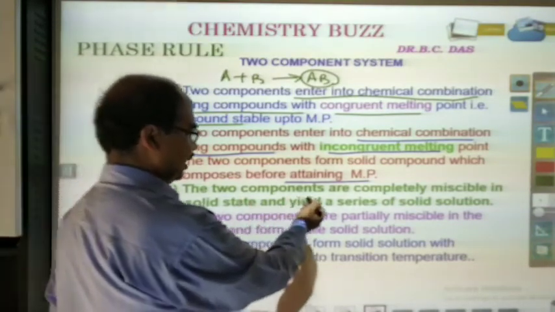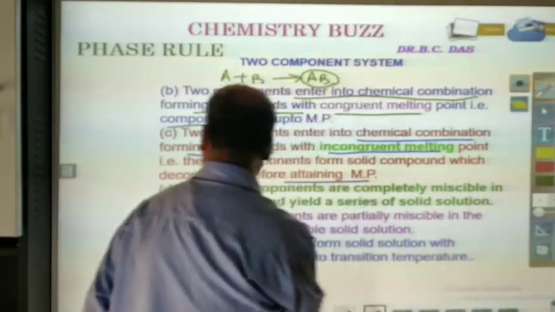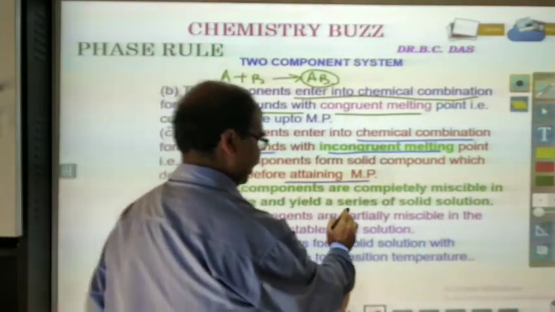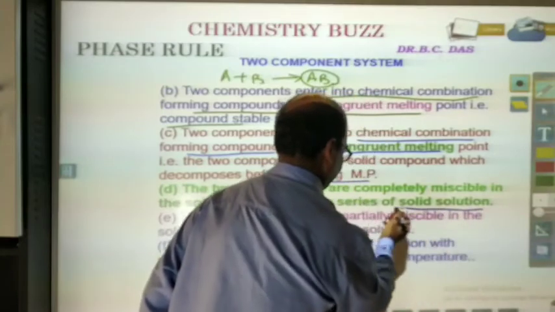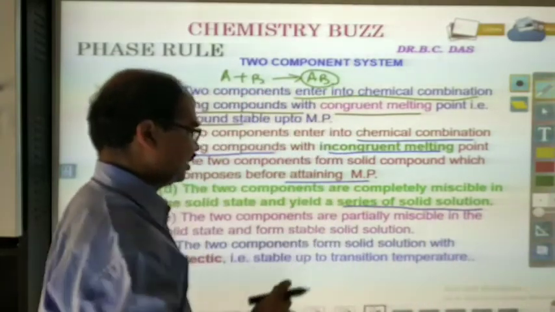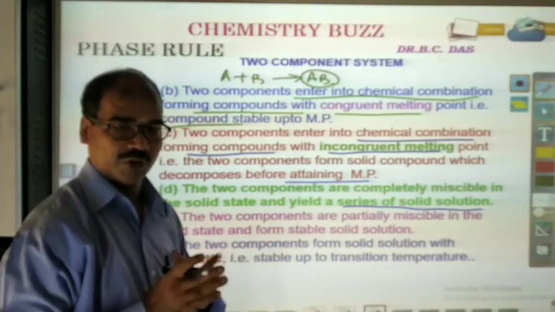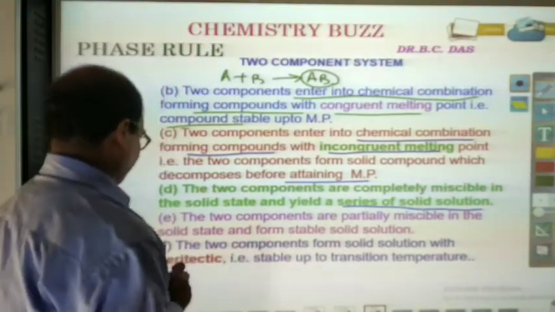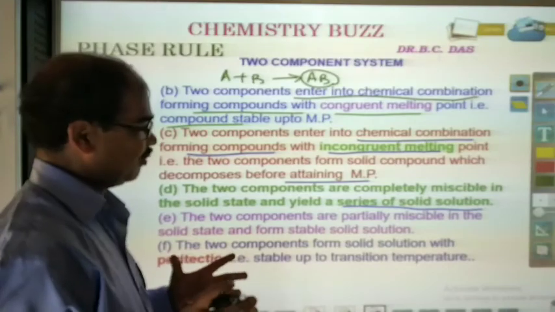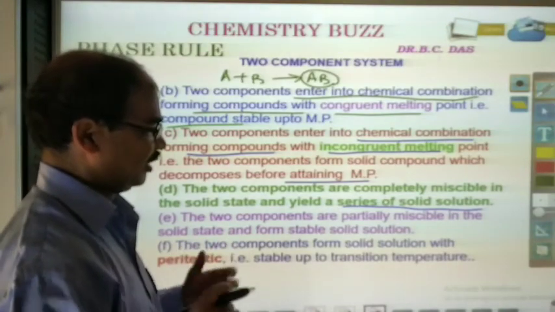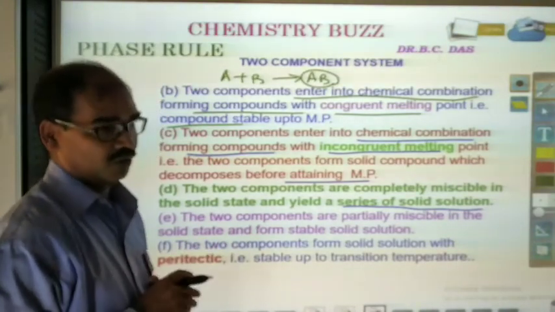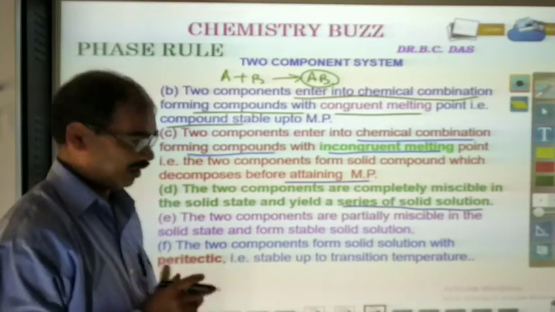The two components are completely miscible in the solid state and yield a series of solid solutions. So the two components mix completely and form a solid solution. You know solid solution. The best example I have already given is the alloys, your gold and copper alloy.